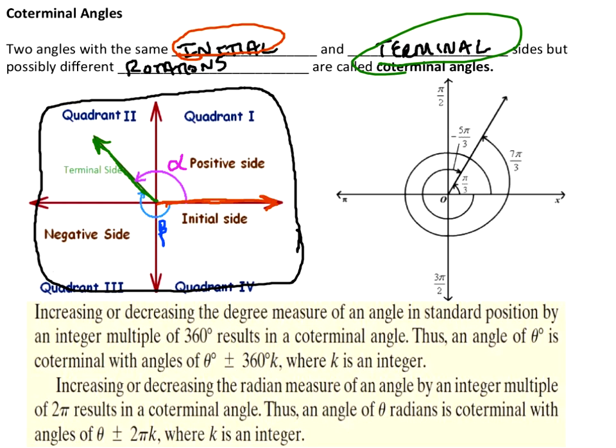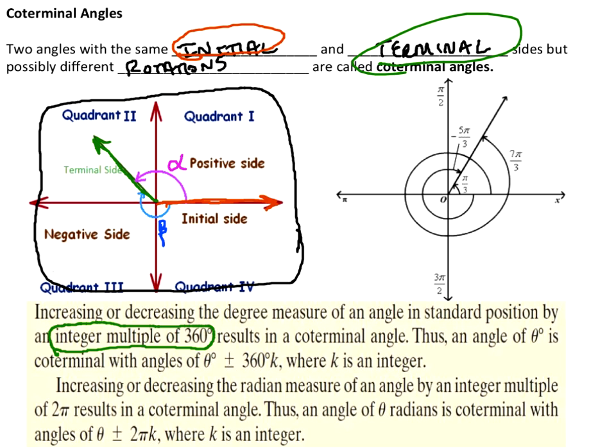When you're increasing or decreasing the degree measure of an angle in standard position by an integer multiple of 360, let me describe what that means. That means some number of full rotations around the circle.